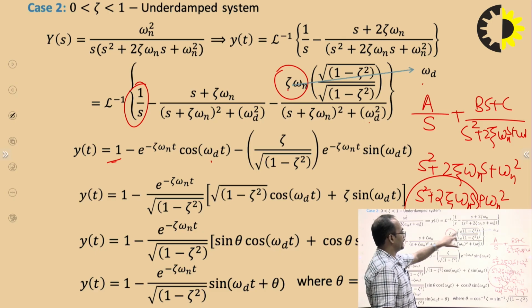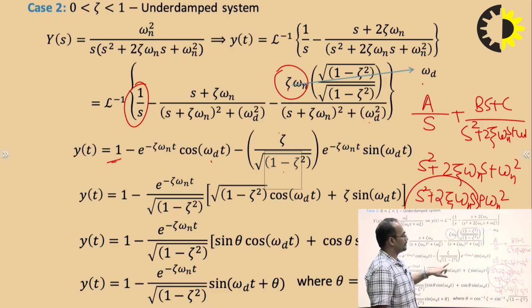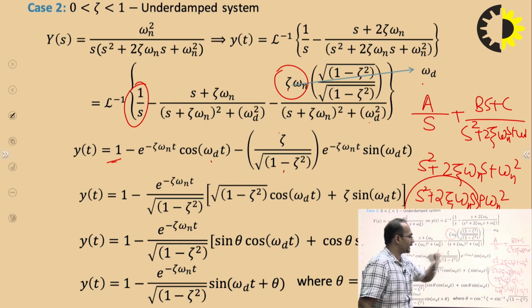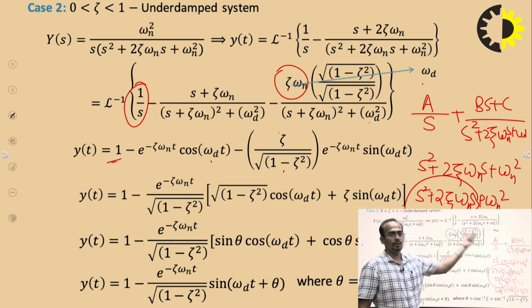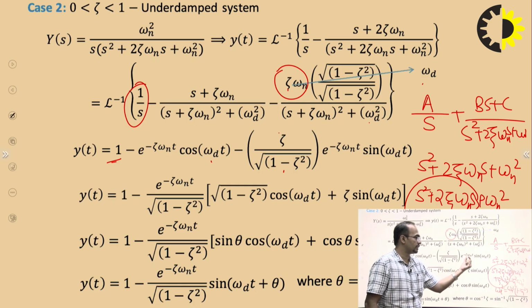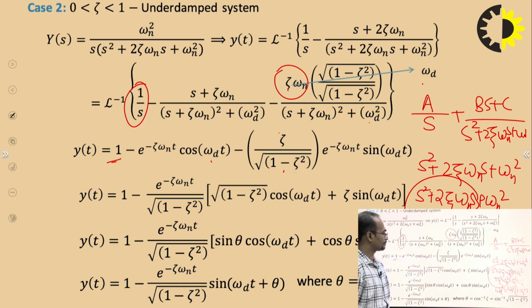So you can write here zeta upon under root 1 minus zeta square, and by using this, omega d upon (s plus zeta omega n) whole square plus omega d square. What will be the inverse Laplace of that? Omega d upon (s plus zeta omega n) whole square plus omega d square will be equal to e to the power minus zeta omega n t sin omega d t.